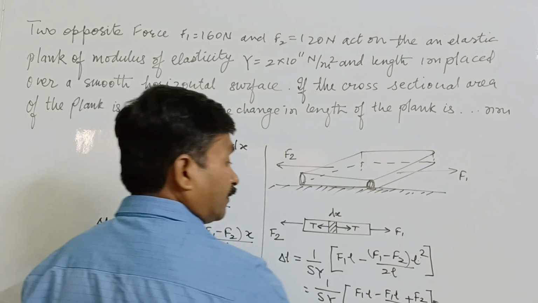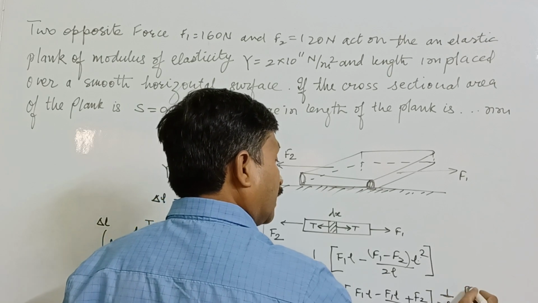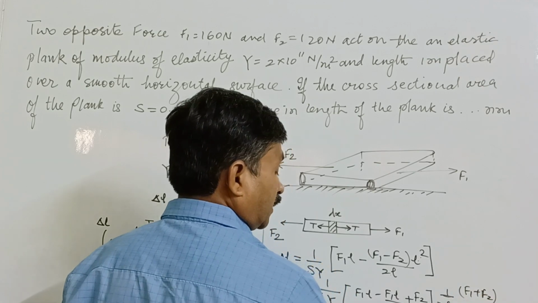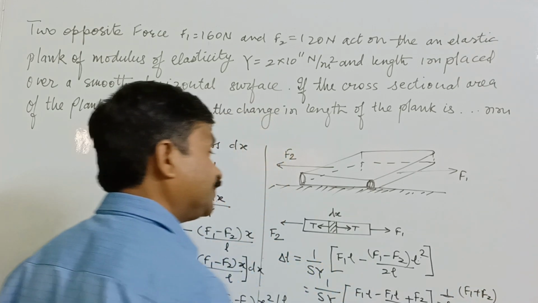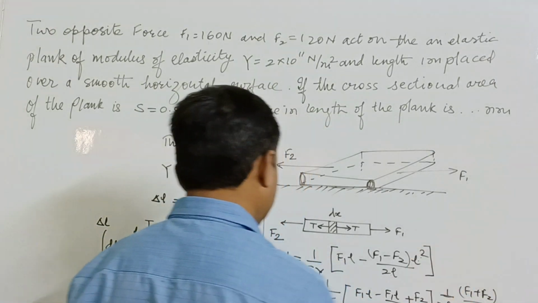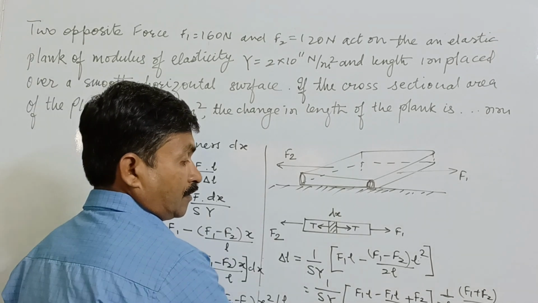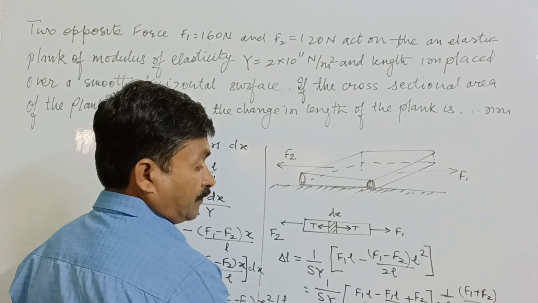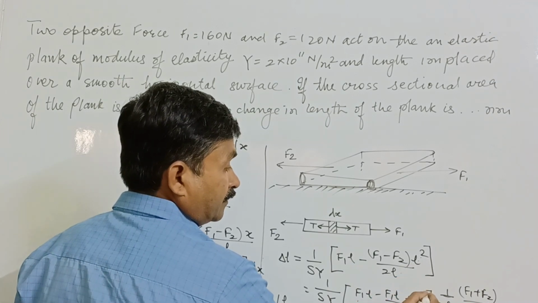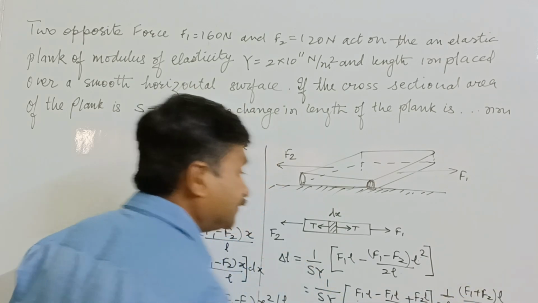So here we will have the relation 1 upon S into Y, F1 plus F2 upon 2, okay, F1 plus F2 upon 2, into L. Sorry, here it is L. So it is F1 plus F2 upon 2 into L, and L is here.